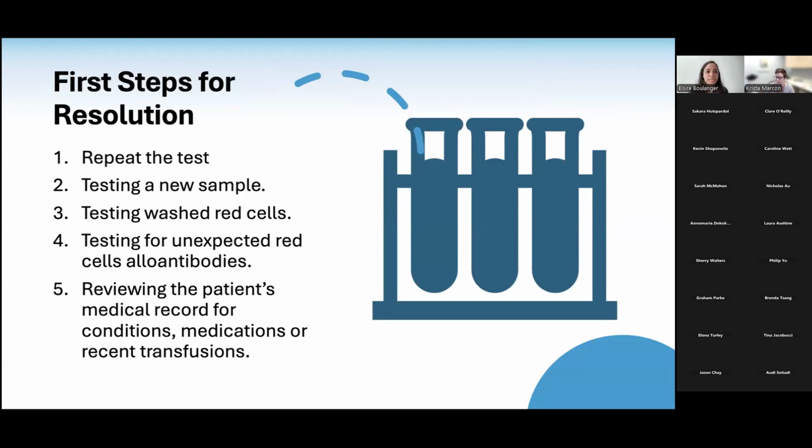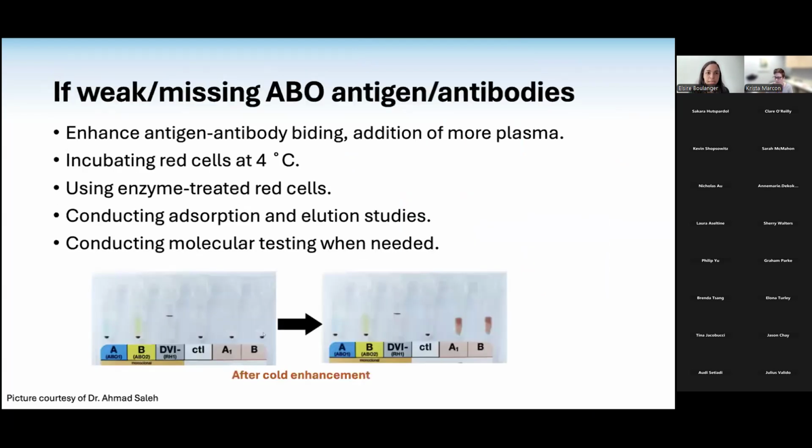How can we resolve these ABO discrepancies? First, we repeat the test, we test a new sample, wash the red cells, and test for unexpected red cell antibodies. Let's say that the patient has a red cell antibody to a high incidence antigen. We check the patient's medical record. That's the first step.